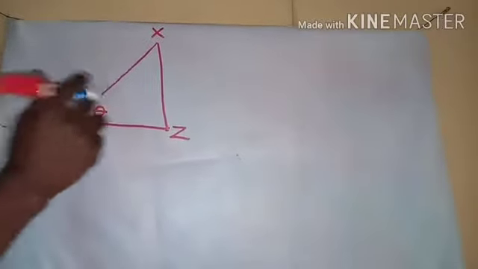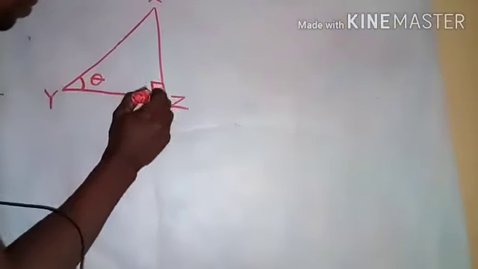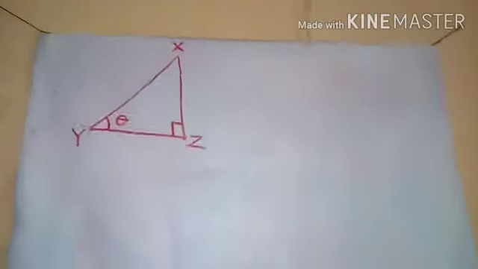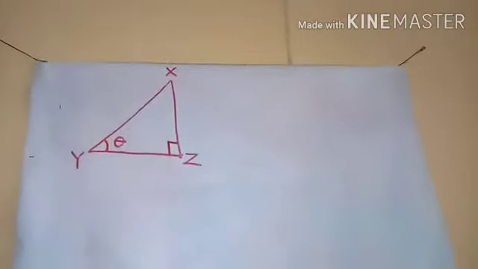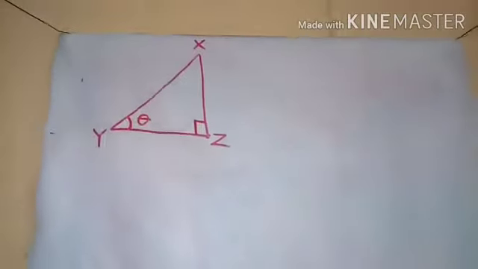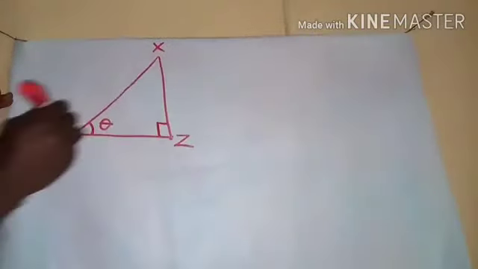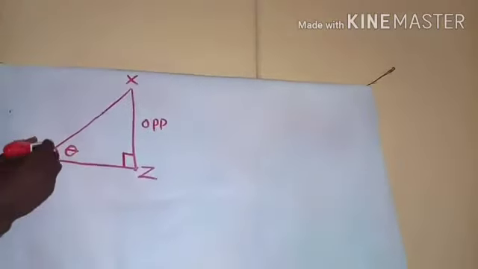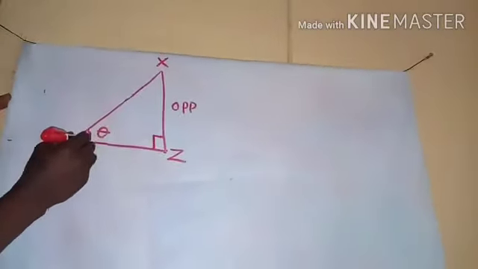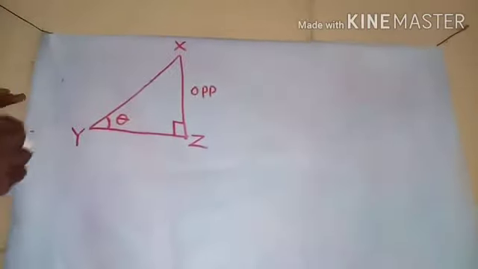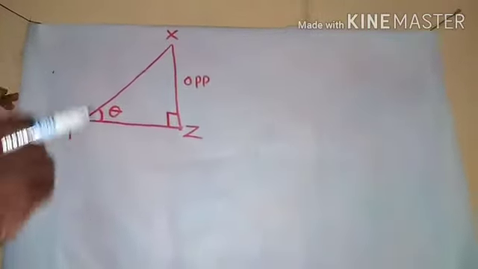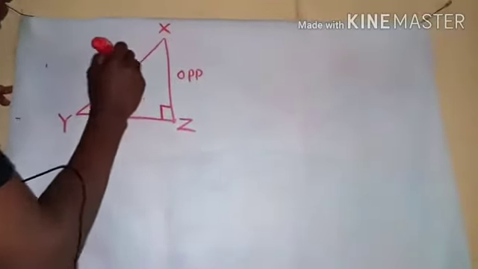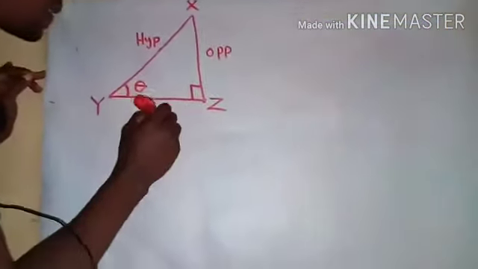But we're dealing with a right angle triangle. With this right angle triangle, we want to prove that sine theta over cos theta equals tan theta. So we know that this side is the opposite side, because this is the angle that was picked. This is the side it's facing, which is the opposite side. Then the longest side is always the hypotenuse. And the side that is left is the adjacent.